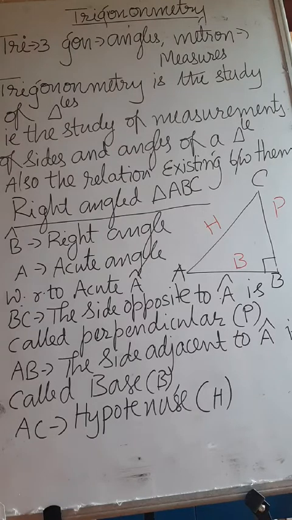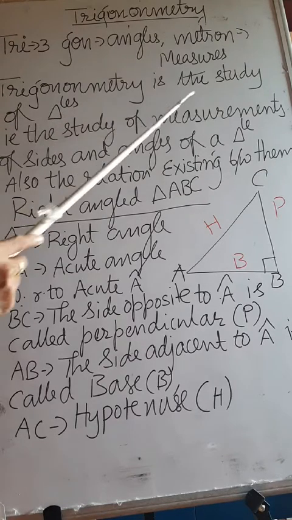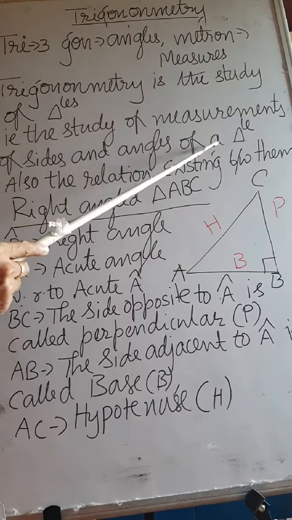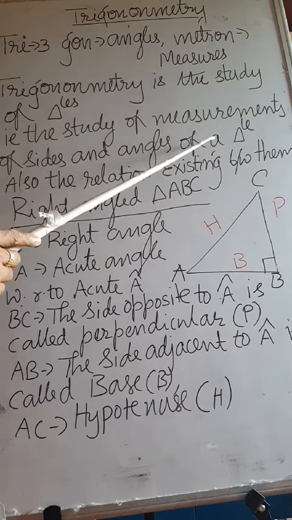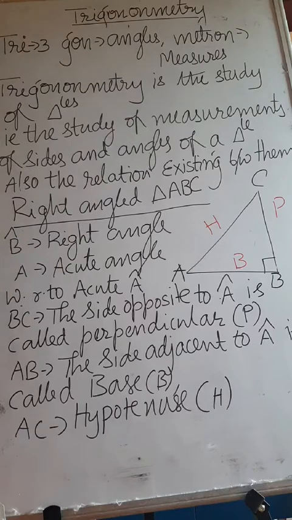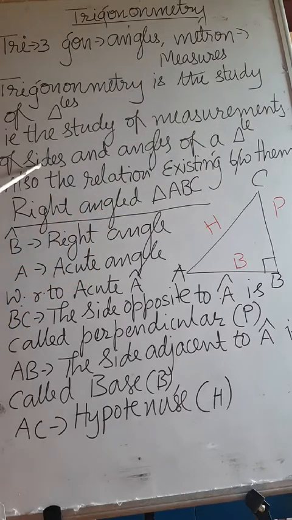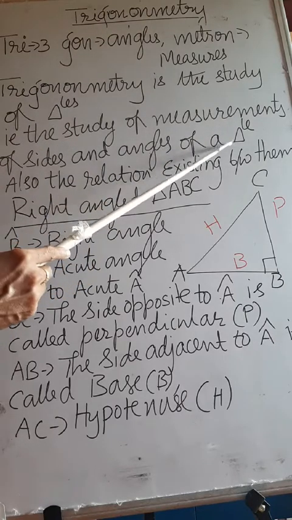If you want to expand this definition with respect to a triangle, trigonometry is the study of measurements of sides and angles of a triangle. A triangle has angles, and sides also. Therefore, trigonometry is the study of measurements of sides and angles of a triangle.